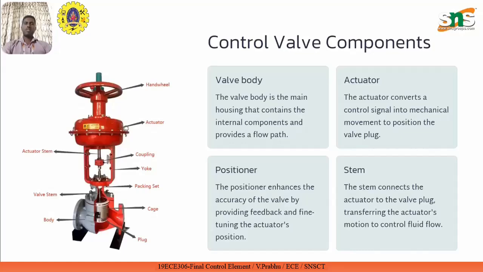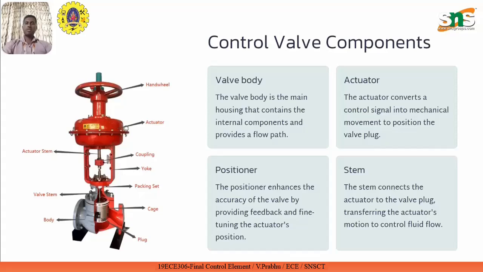Now we'll look into the basic components present in a control valve. We can classify these components predominantly into four categories. First is the valve body. This valve body is the main housing which has the internal components which control the flow. We call it the trim.